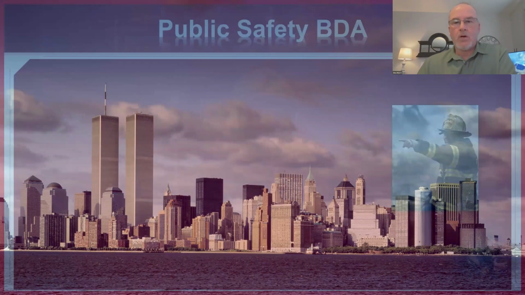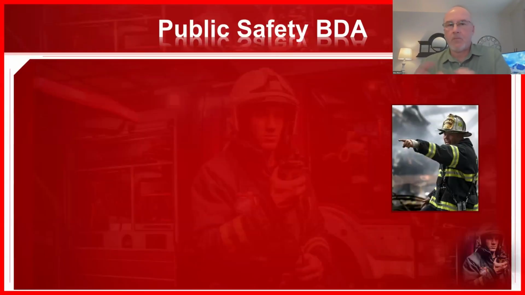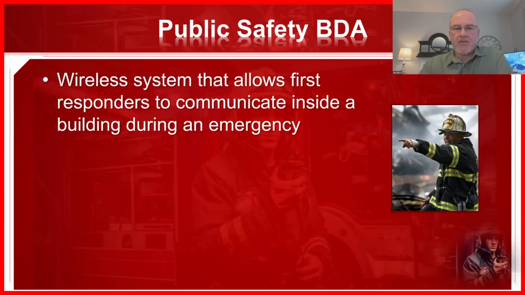And so this started sort of a move in the industry to remedy that. And that's what we have today when we talk about a public safety BDA or an ERC system, or whatever term that you want to use. So essentially, a public safety BDA is a wireless system that allows the first responders inside the building to communicate with other first responders in the building and to communicate with first responders on the outside in an emergency.